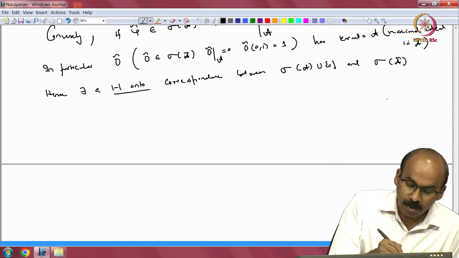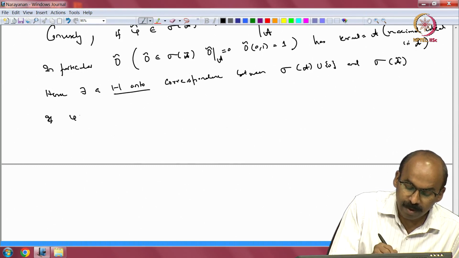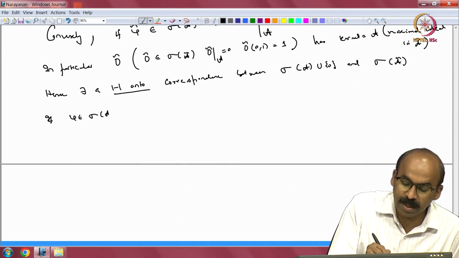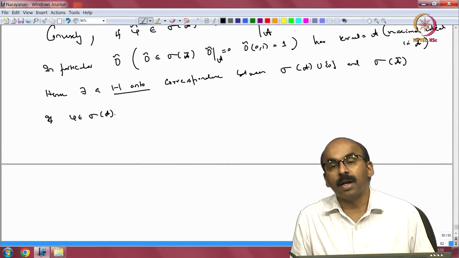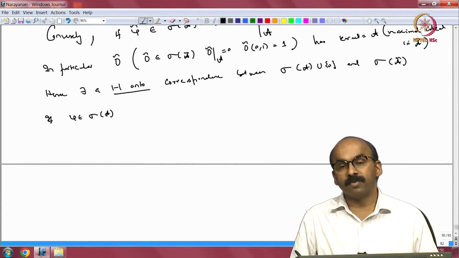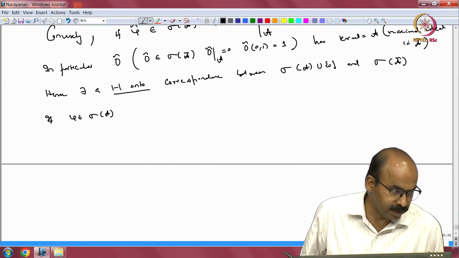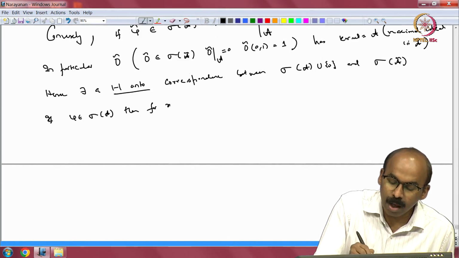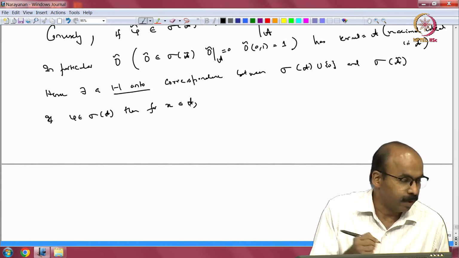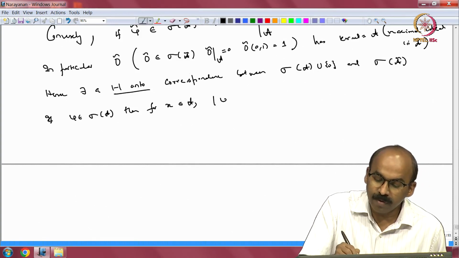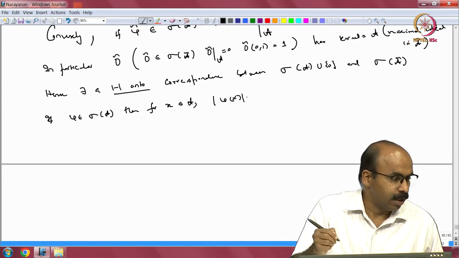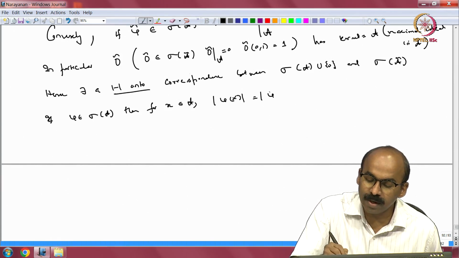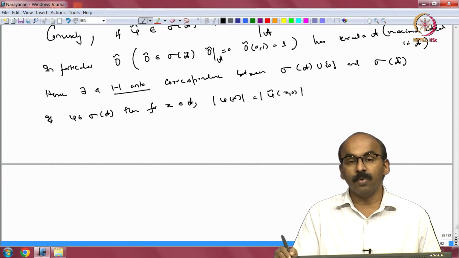Now we will try to prove some of the results as we have done for Banach algebras with identity. If phi is in sigma A, then for x in A, modulus of phi of x is equal to modulus of phi tilde of x comma 0, that is how you write the extension.